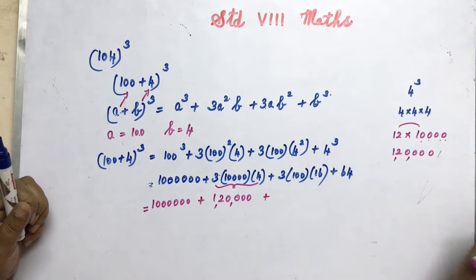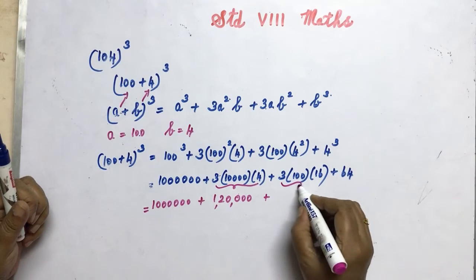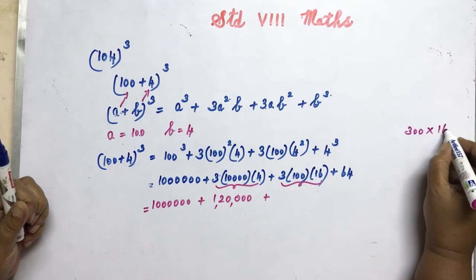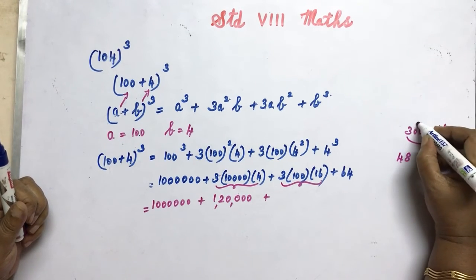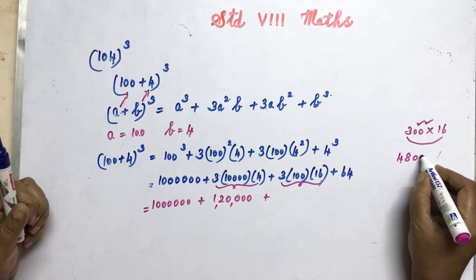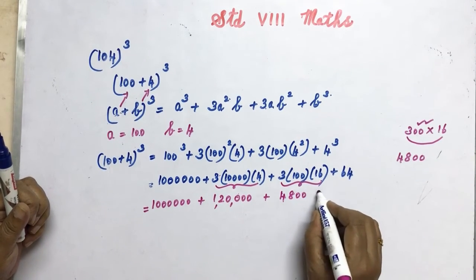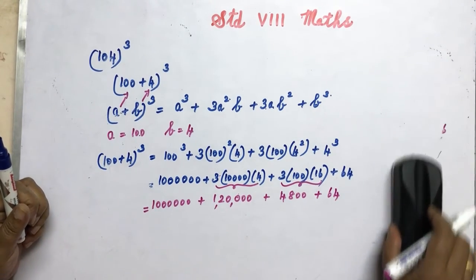Plus, now 3 into 100 is 300, multiplied by 16. Now 16 into 3 is 48. Now 2 zeros are there, that 2 zeros should be added here. So 4800 plus 64. Now all these 4 numbers we should arrange and add.